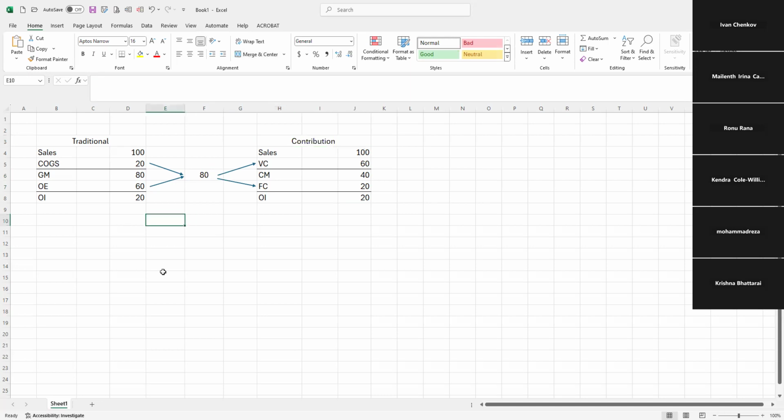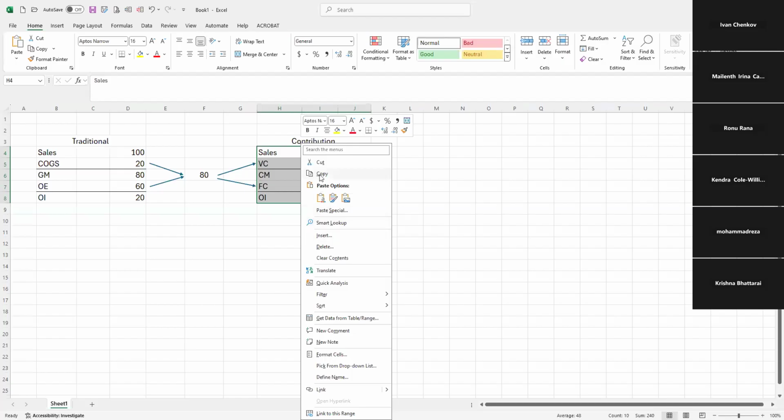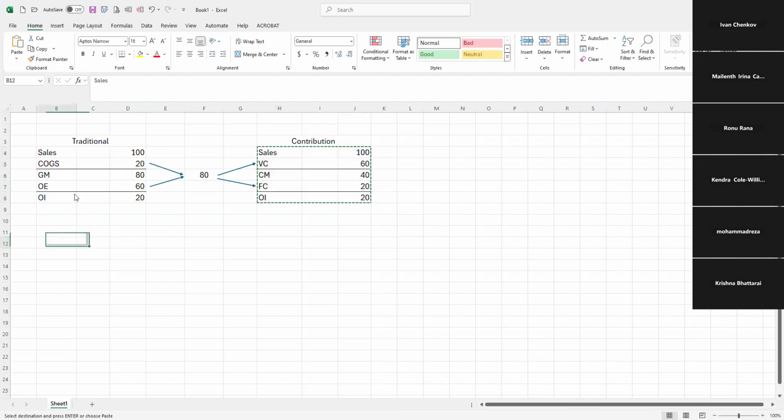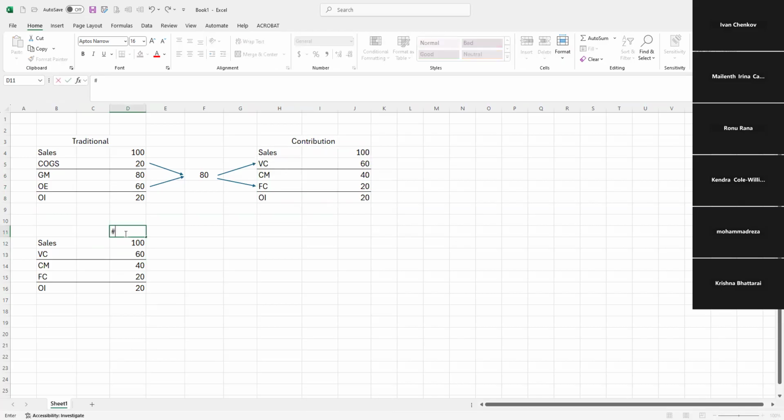So what kind of decision can the management make? Let's start with this. This is a good starting point. I'm going to copy this and flip it here. Now let's make it more realistic. Let's pretend we're selling only one unit of sales.